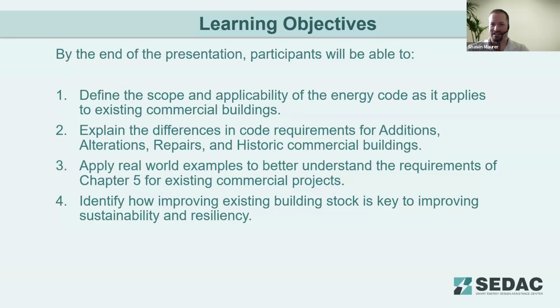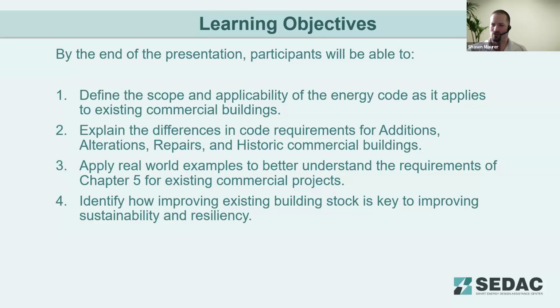What we'll be learning today: first, we're going to go over the scope and applicability of the energy code as it applies to existing commercial buildings today. We did cover existing residential buildings earlier in our program year, so today's focus is on commercial. We'll be explaining the differences in code requirements for additions versus alterations, repairs, and historic commercial buildings.